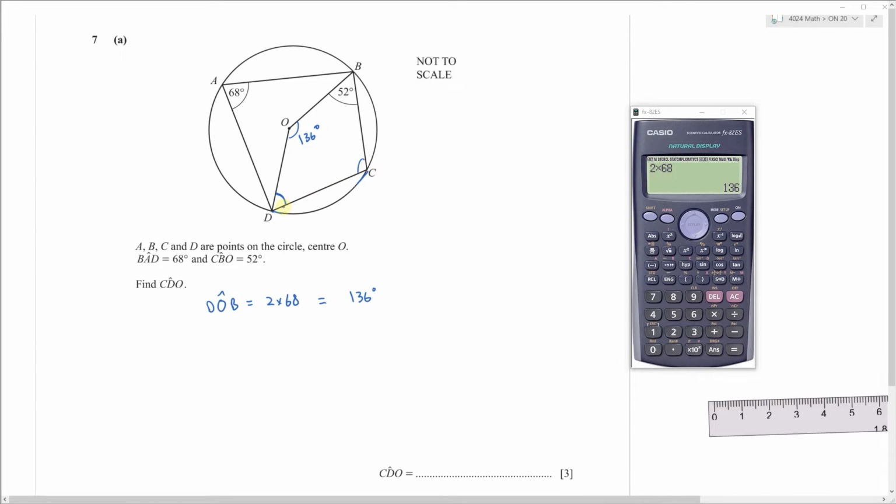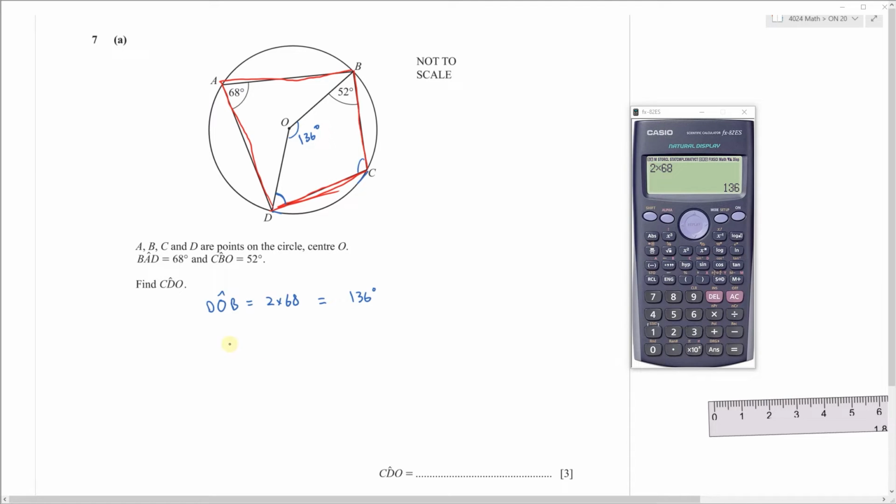So if I look at this bigger quadrilateral, this one, this is a cyclic quadrilateral with all four angles on the circumference of the circle. In a cyclic quadrilateral, the sum of opposite angles is 180°.